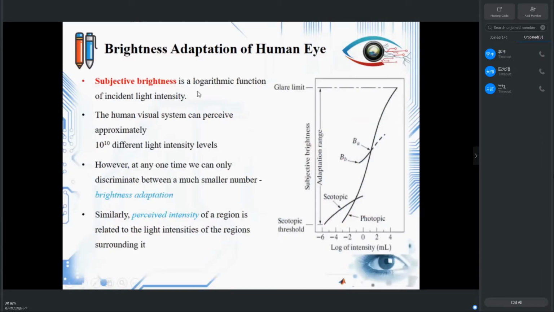Subjective brightness we can call as some logarithmic function of incident light intensity.